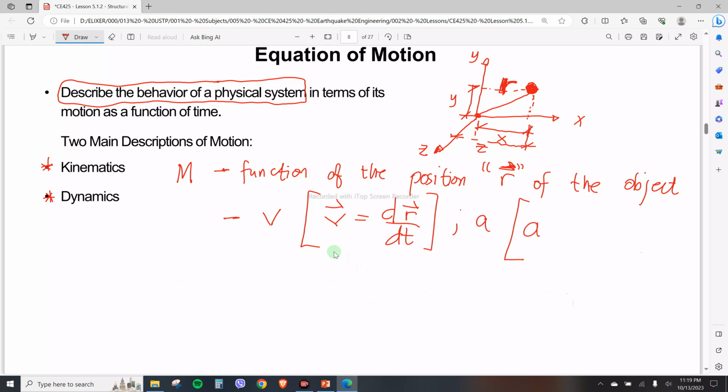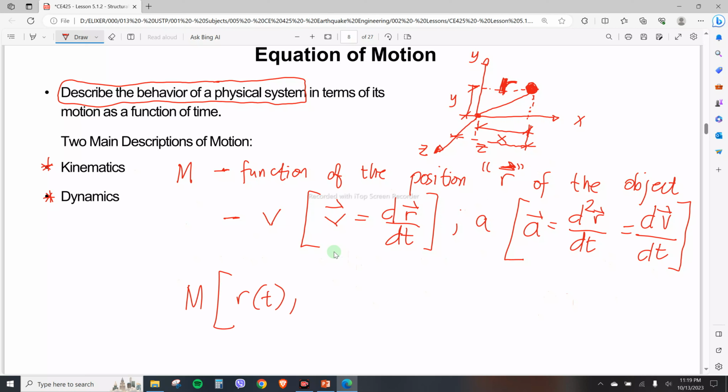So the acceleration vector is just equal to the second derivative of the position vector with respect to time, or the first derivative of the velocity vector with respect to time. So in the equation of motion, we take into consideration the position as a function of time, the velocity as a function of time, and the acceleration as a function of time, and the time itself equal to 0.